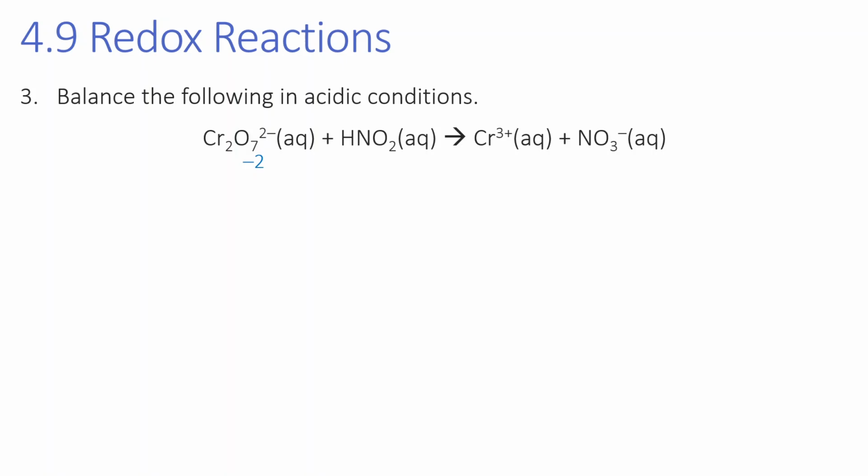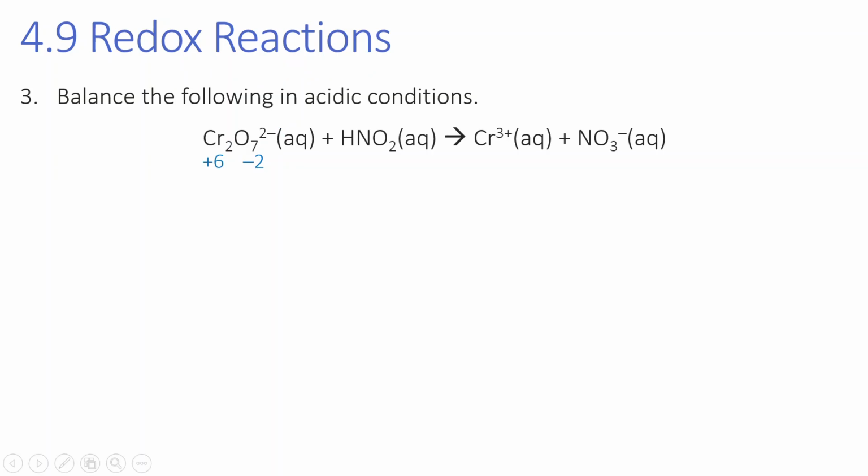Now notice that there are 7 oxygens, so that's given me -14. And also notice that the charge overall is -2. So that means that the positive charge has to be +12, so you end up with that -2 charge. And there's 2 chromiums. So this means that the oxidation state on each chromium is going to be +6.